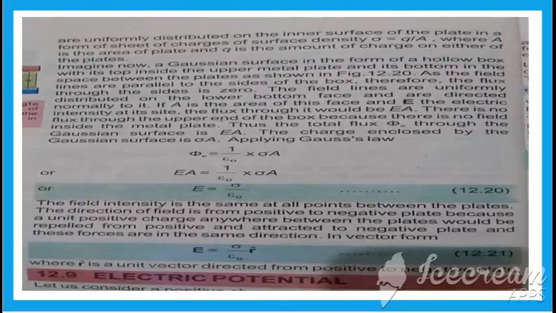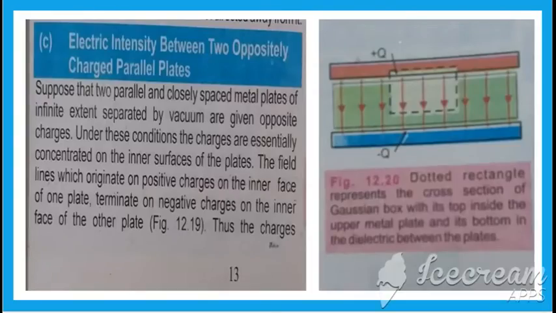To calculate electric field intensity, imagine a Gaussian surface constructed in the form of a hollow box with its top inside the upper plate and its bottom in the space between the plates, as shown in figure 12.20. Here, the dotted rectangular box represents the Gaussian surface.